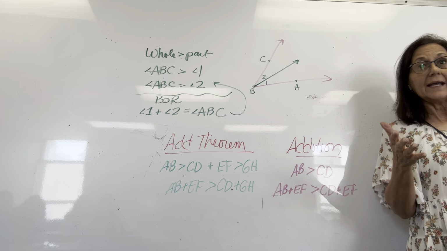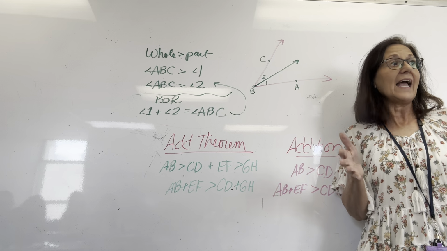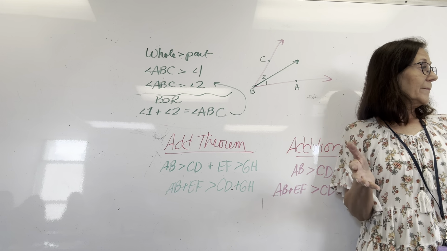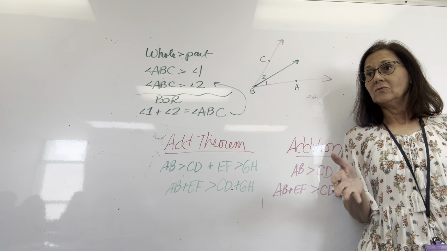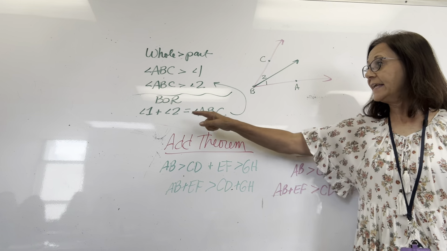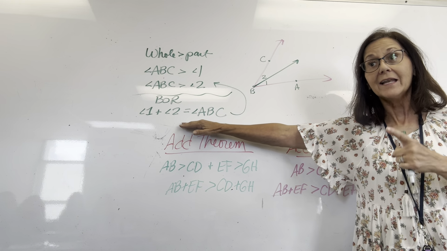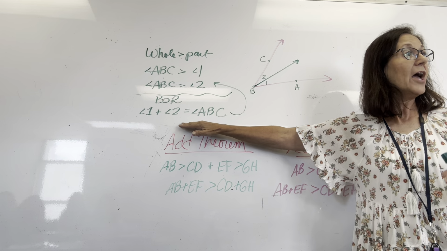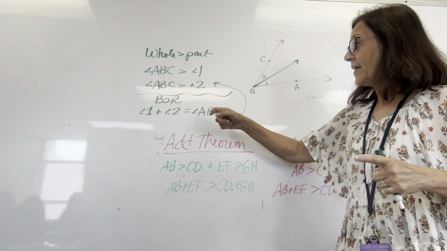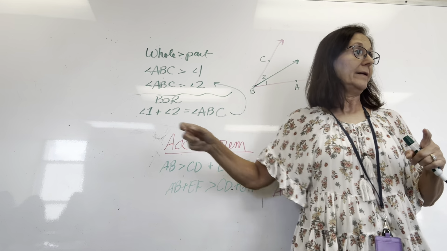So if I write betweenness of rays, then any part of that angle is going to be less than the whole angle. If I can write betweenness of rays, and that is given, then what can I know? I can know that ABC is greater than 2 and ABC is greater than 1.